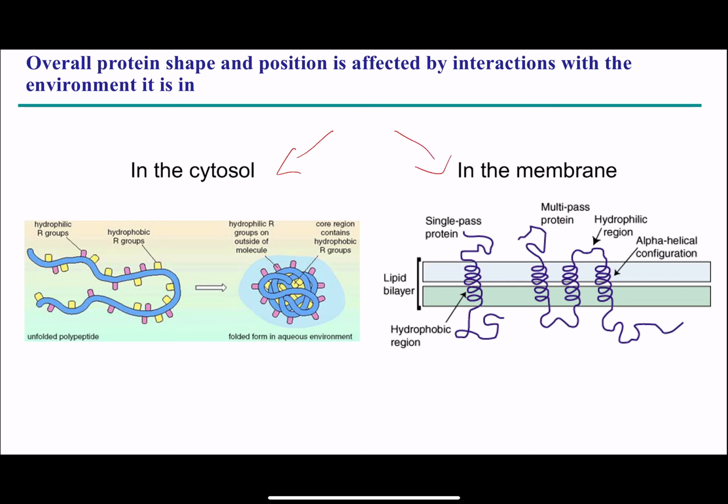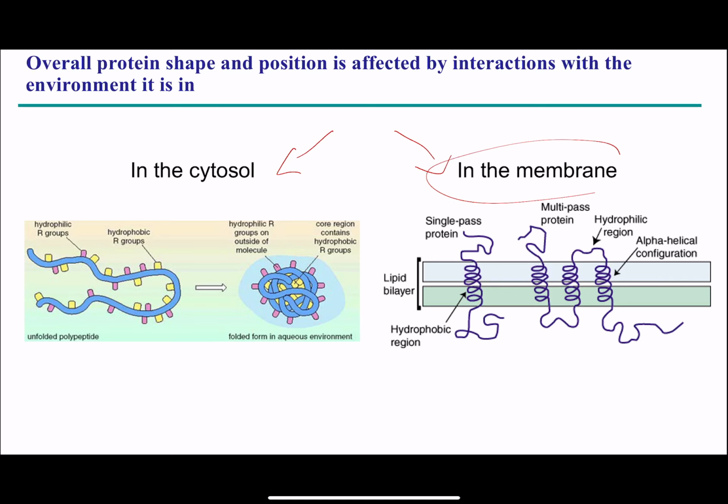If you think back to Unit 1 when we talked about how the membrane is made up of phospholipids, but there's a whole bunch of stuff embedded in that membrane, and some of those things are proteins. And so when proteins are embedded in the membrane, they're going to take on a specific structure based on the hydrophobicity of the R groups, based on whether the R groups are made up of nonpolar covalent bonds and uncharged, or whether they're made up of polar covalent bonds or ionized and are partially or fully charged.